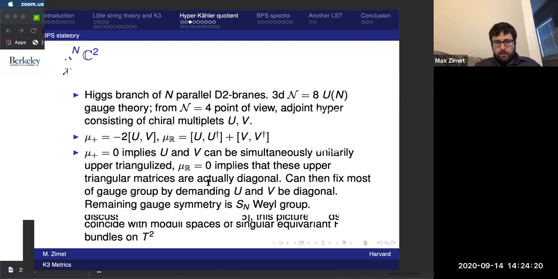And then a simple argument tells you that indeed the hyper-Kahler quotient with these moment maps gives you Sym^N C^2. Here, this tells you you can simultaneously unitarily upper triangularize them, and then this tells you that they're actually diagonal. So you just get the eigenvalues of some U(N) matrices.